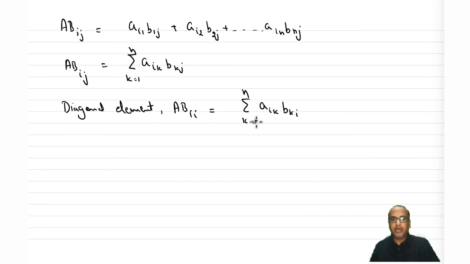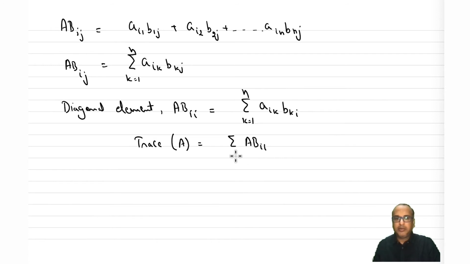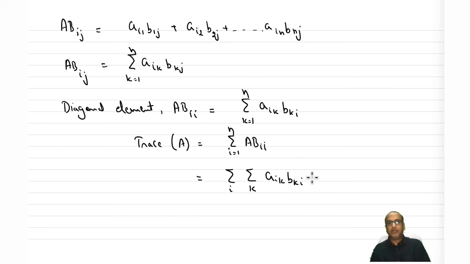This will be my diagonal element. Now trace of AB is equal to summation of diagonal elements where I goes from 1 to N, right? So I can say summation I of summation K AIK BKI, right? Double summation of AIK and BKI.